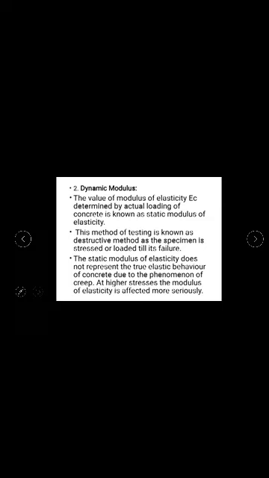Generally, what we assume is that if the concrete is strong, it has less modulus of elasticity, that is, if it is less elastic, it is more strong. But in this case it is different. Stronger the concrete, higher the modulus of elasticity.